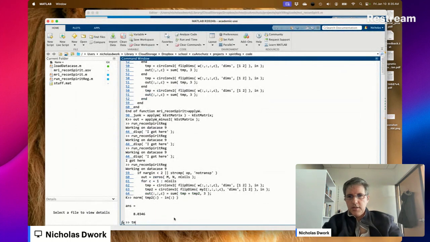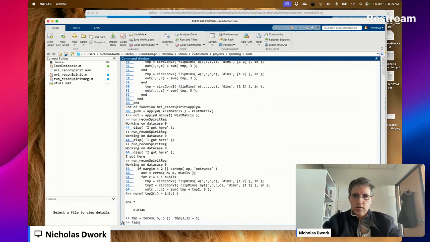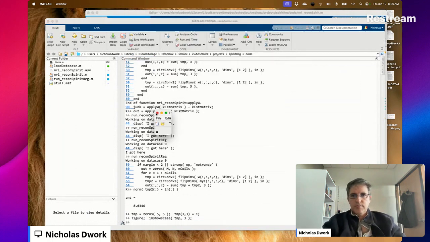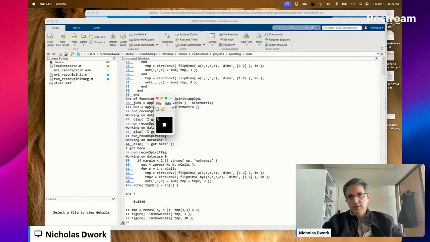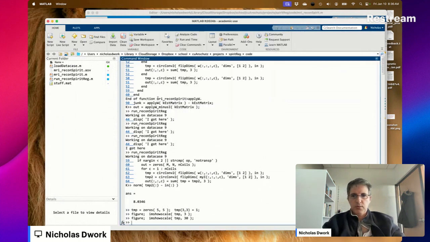Temp is equal to, we could just do this on the command line. And I cannot change the font size in the command line like I can in the editor window. Okay. This is a convolution kernel with zeros everywhere except in the center, which is 1.